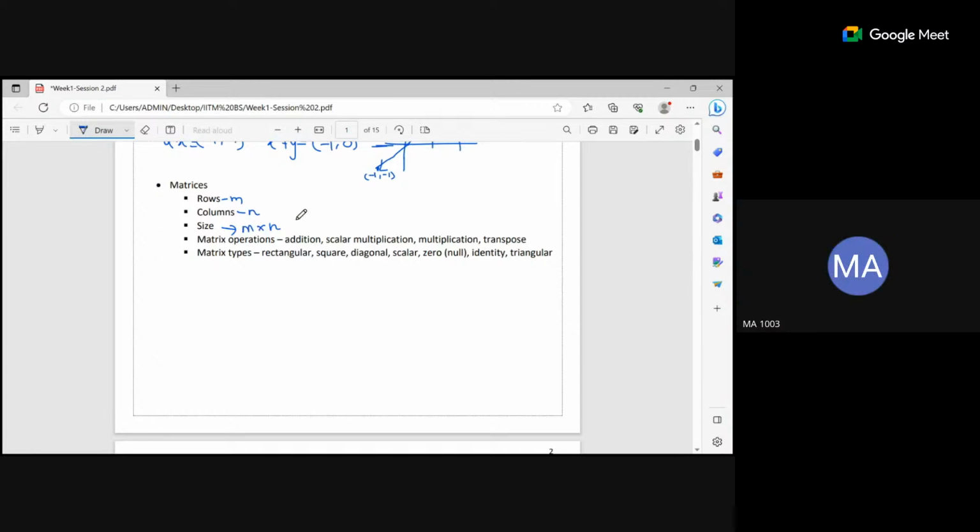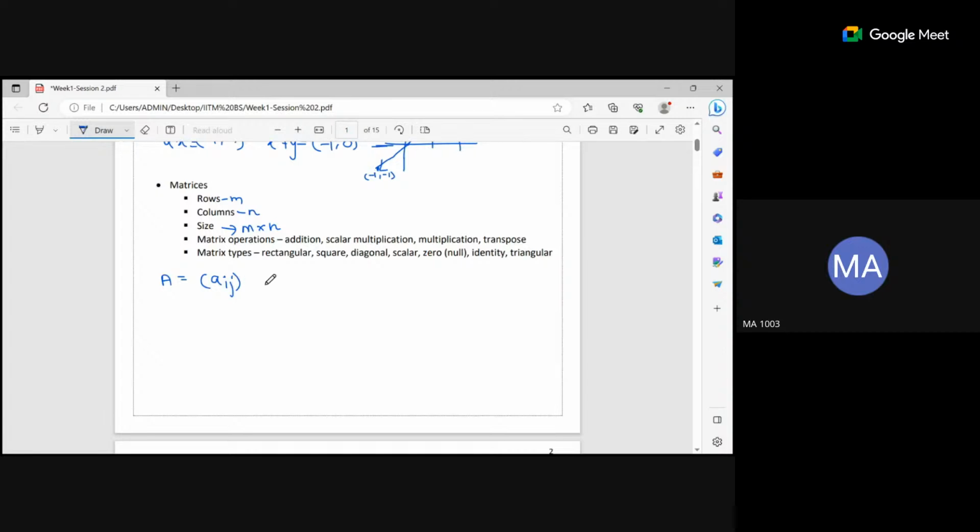And what are the matrix operations you have seen? Addition, scalar multiplication, multiplication and transpose. Addition is very simple. Suppose you have a matrix A. Do you know this representation? The elements of A are represented as Aij, where i and j vary from 1 to m and 1 to n.